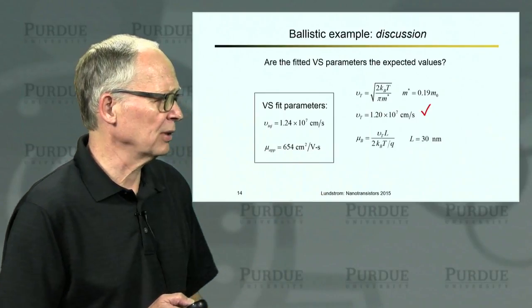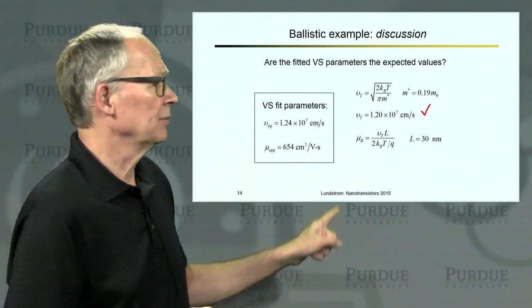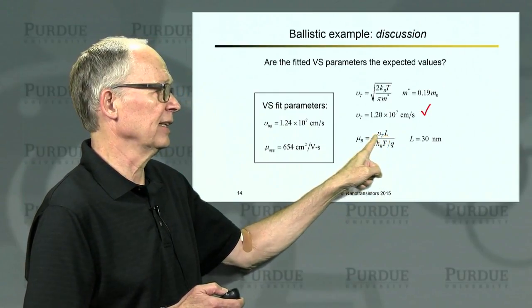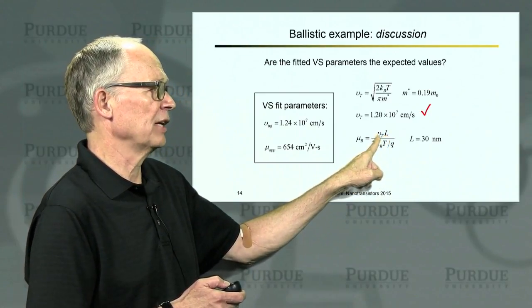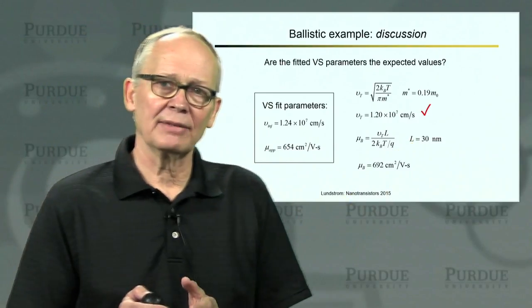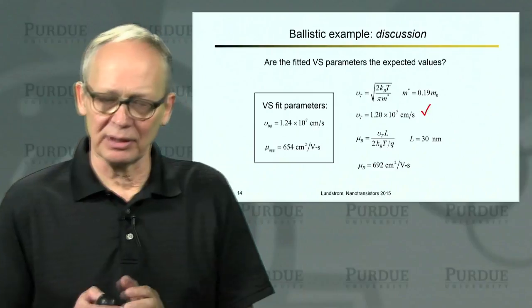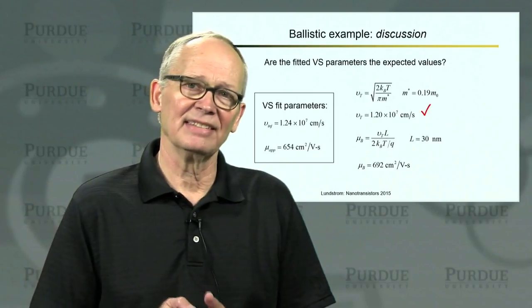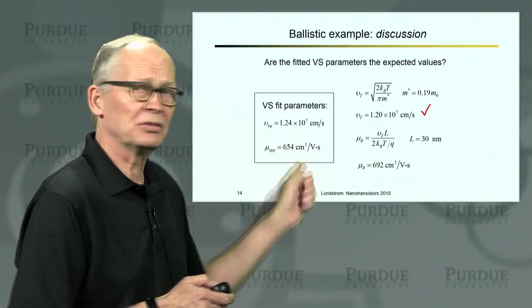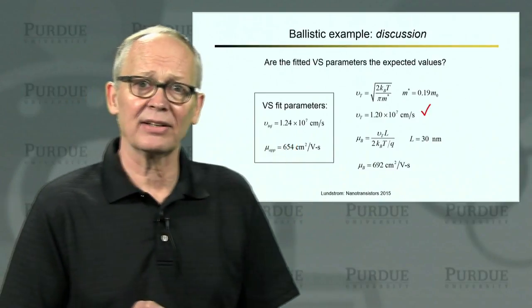So we can interpret that injection velocity as the unidirectional thermal velocity. If I look at this mobility, we can calculate the ballistic mobility. We assumed a 30 nanometer channel length. We know what the unidirectional thermal velocity is. We put numbers in, and we calculate for this ballistic device a ballistic mobility of 690 or so centimeters squared per volt second. That's close to what it took to fit the IV characteristics.